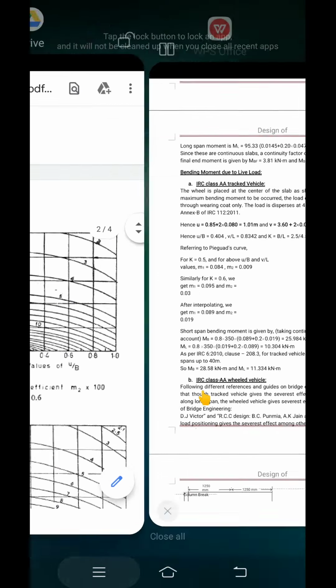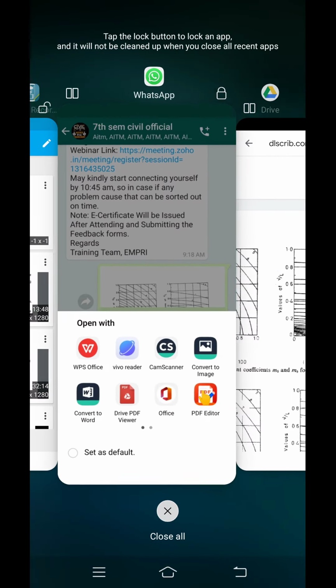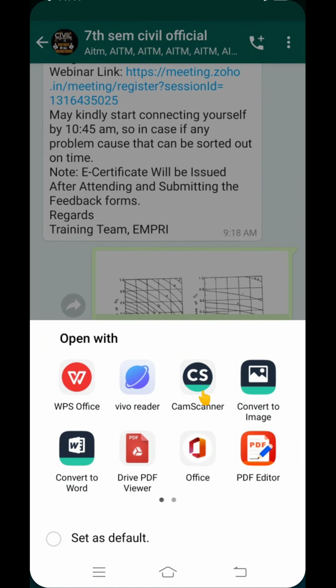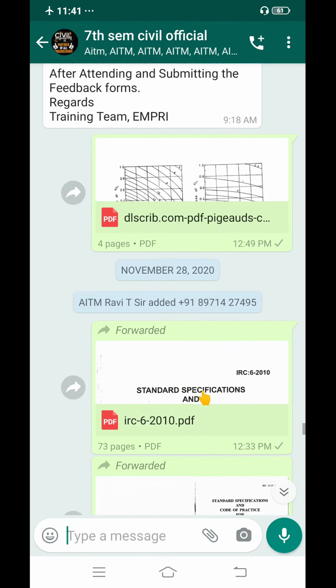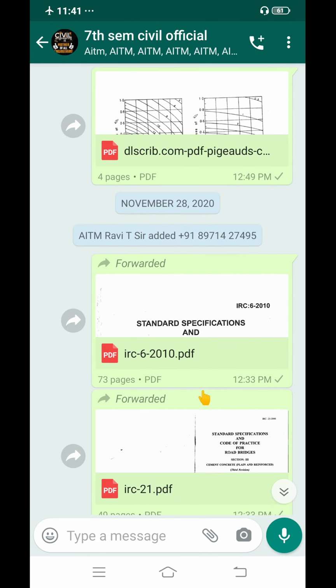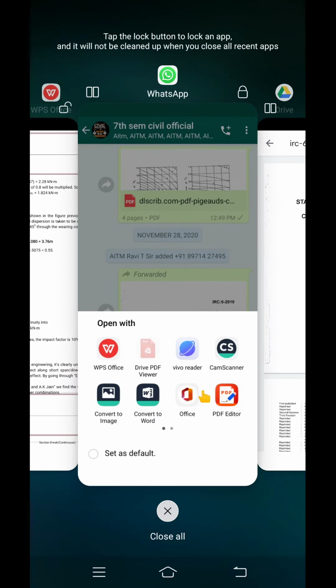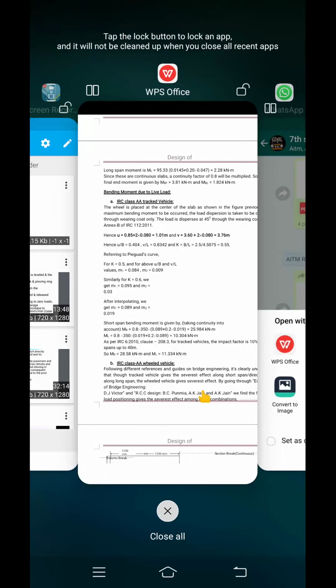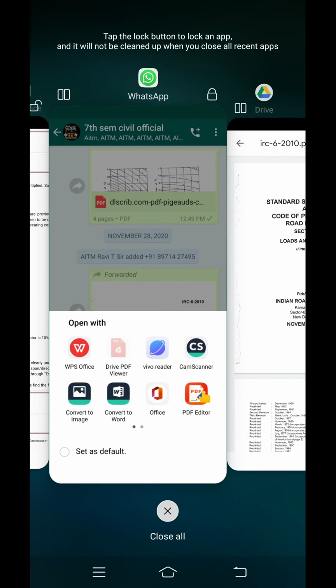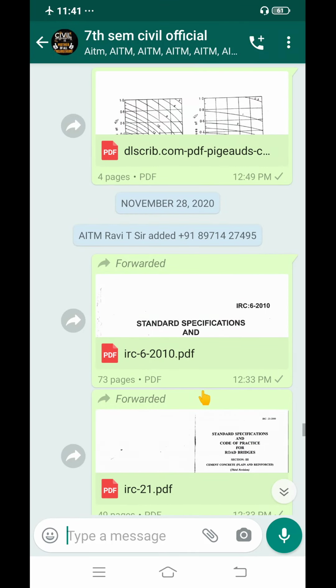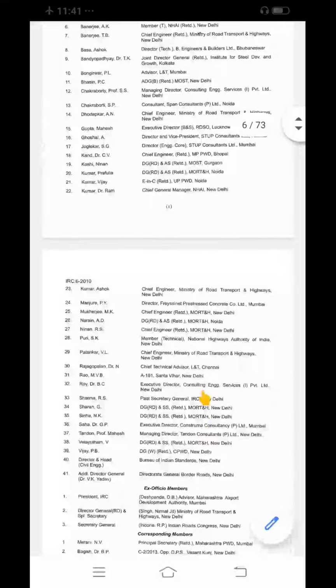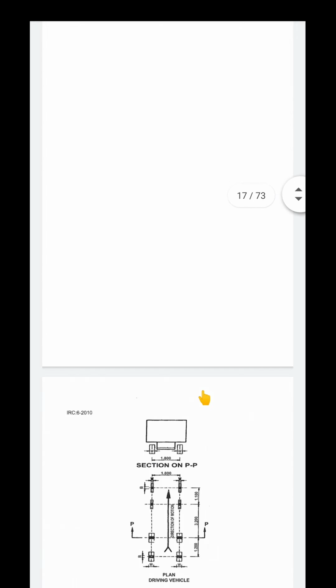We'll go to IRC 6 here. What is the clause? IRC 6 clause 208.3.